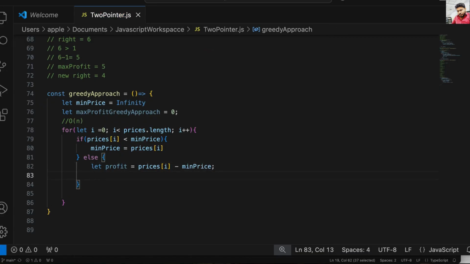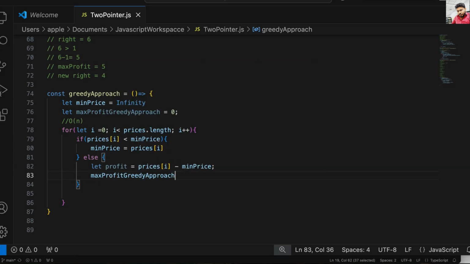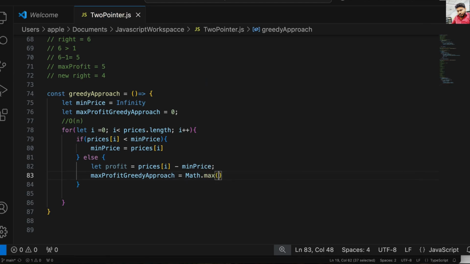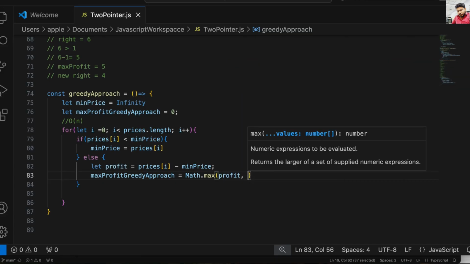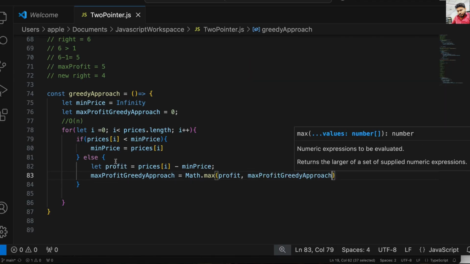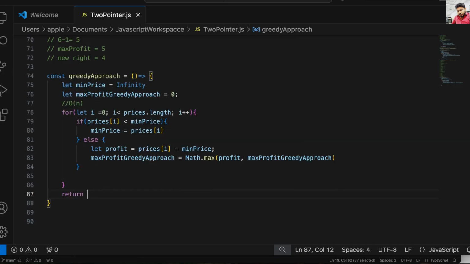This is the calculation, and now we are updating the max profit variable using Math dot max of profit, comma, max profit. Okay, now I'm going to return this value.